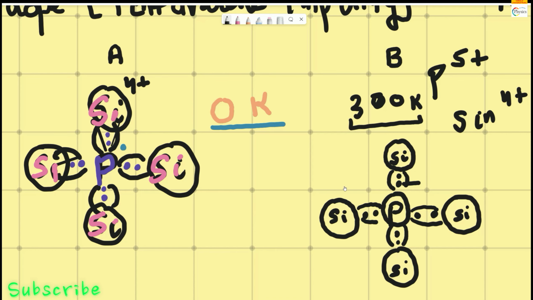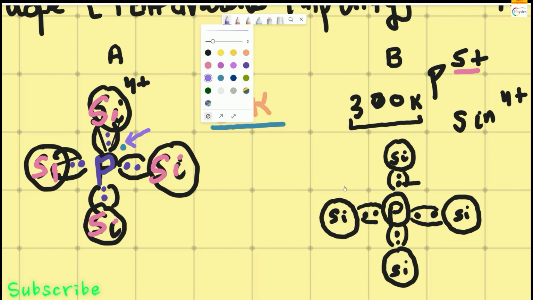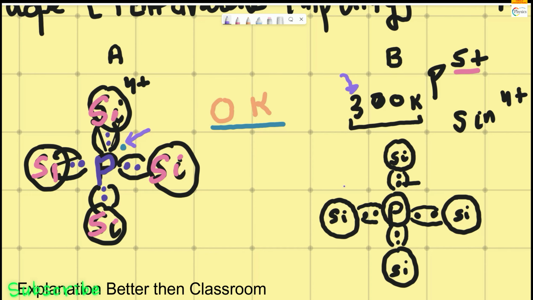But I told you phosphorus has a separate, extra electron, because it's pentavalent, 5 plus, right? The electron which we had drawn here, this phosphorus electron, now gets thermal energy, because the temperature is 300 Kelvin. This will excite this extra electron, and it now becomes extra in the lattice of silicon.